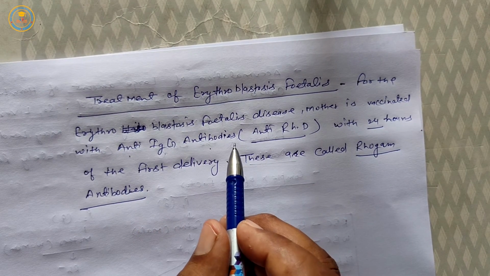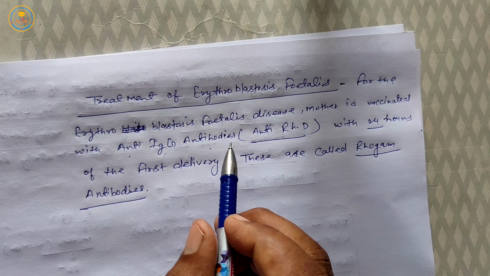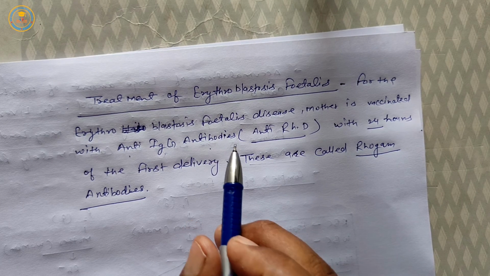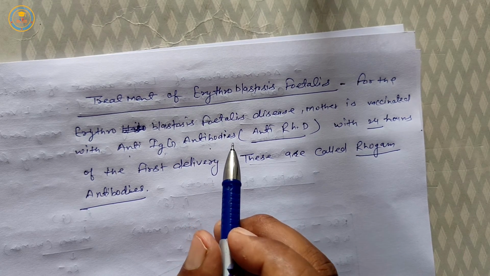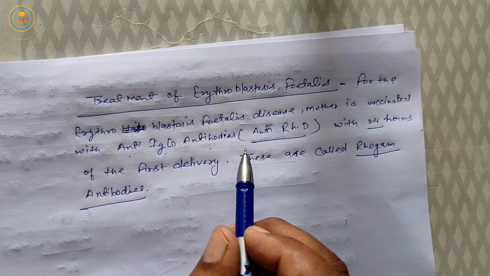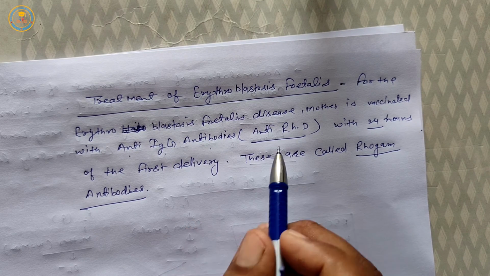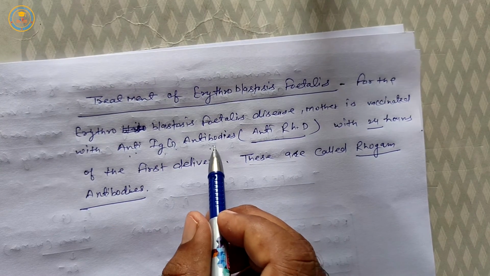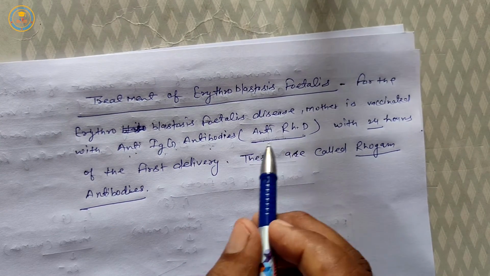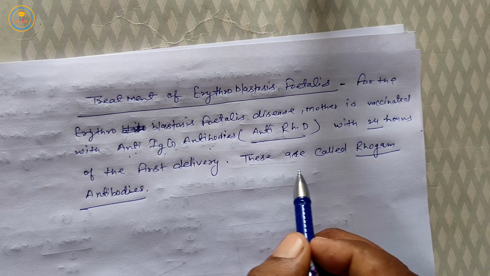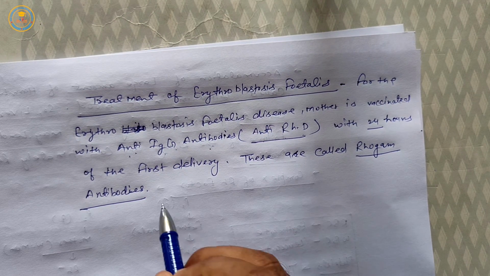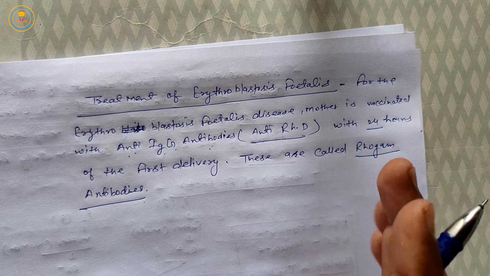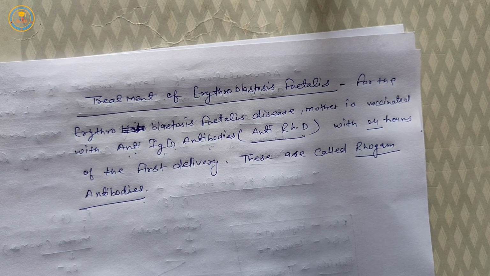It means after parturition, after the first delivery, the doctor injects a vaccine of anti-IgG antibodies and anti-RHD. These are called Rhogam antibodies.